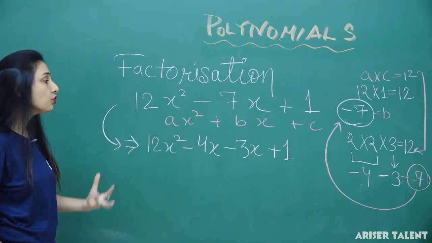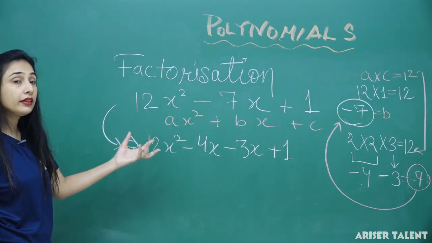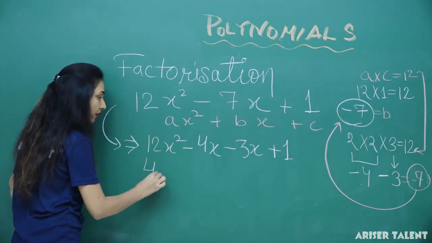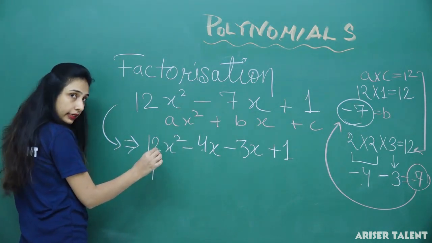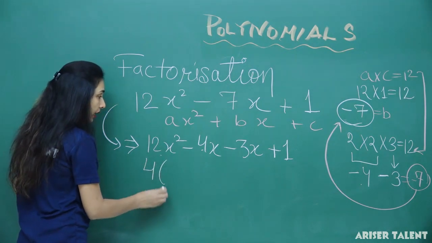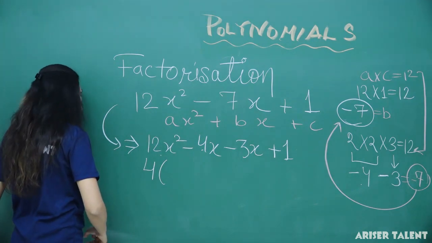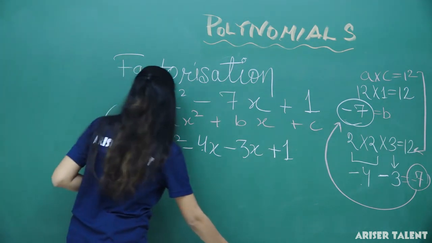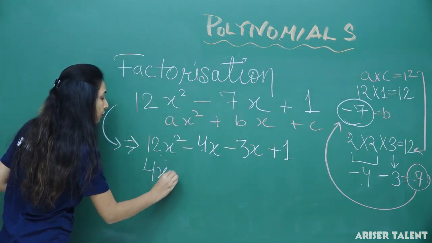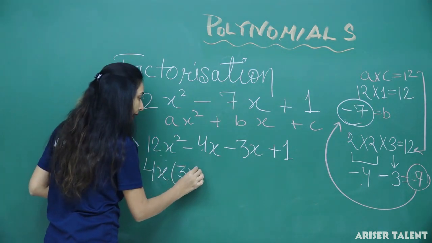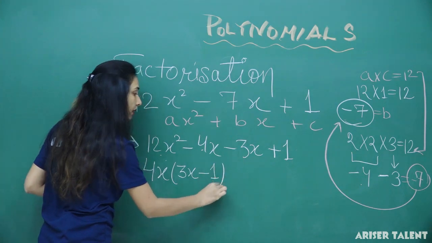Now why is it useful to write it this way? Because we can take 4 common from there, and x also you can take common. So take 4x common. Now 4 3s are 12, so 3x − 1.